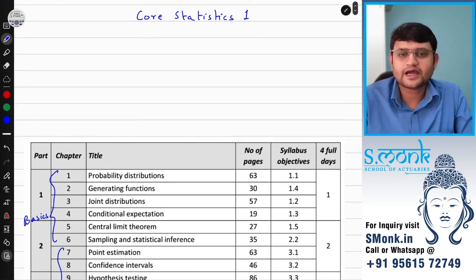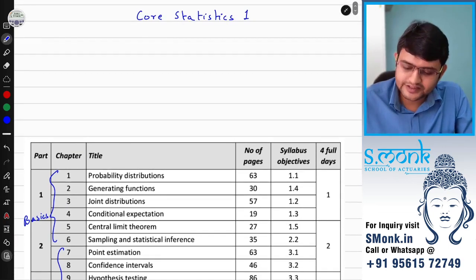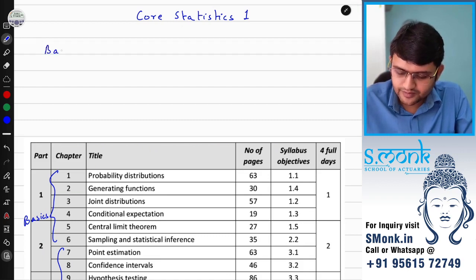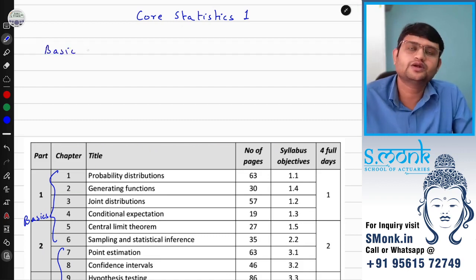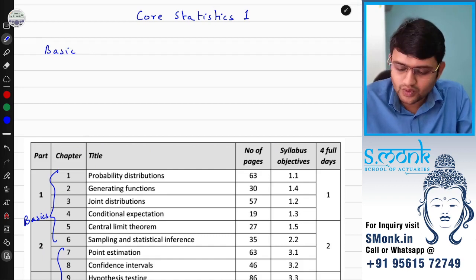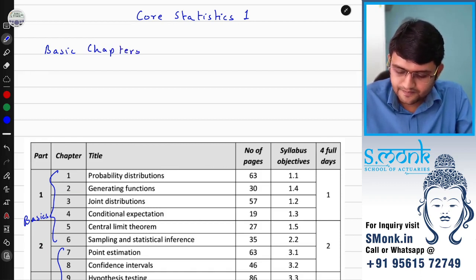Now, other than that, we are going to start with 3 basic chapters that you are supposed to already know, but we are not going to assume that. We are going to study 3 basic chapters. First is probability.